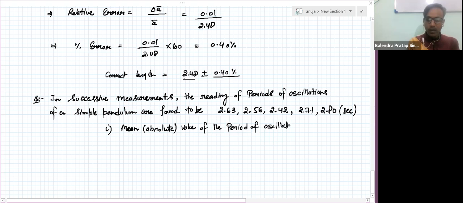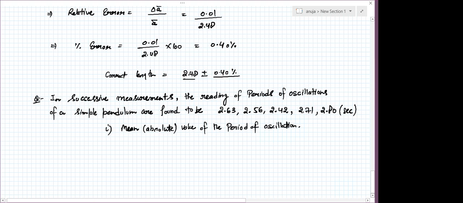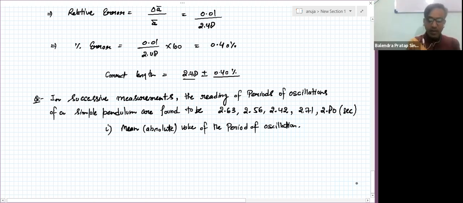Try to find the first part, then I will discuss. Mean value means here all the values are representing the time period, so I am representing it as T bar, capital T bar.